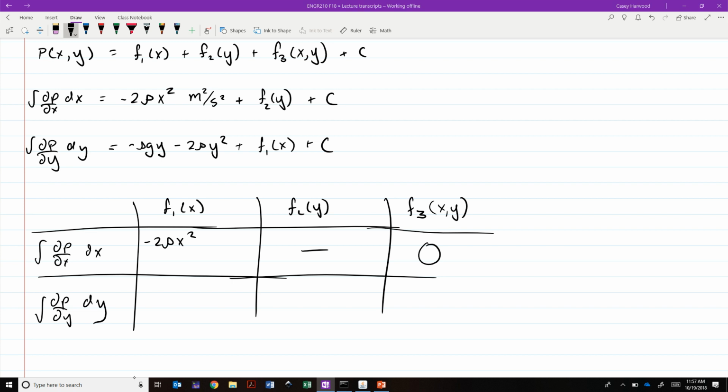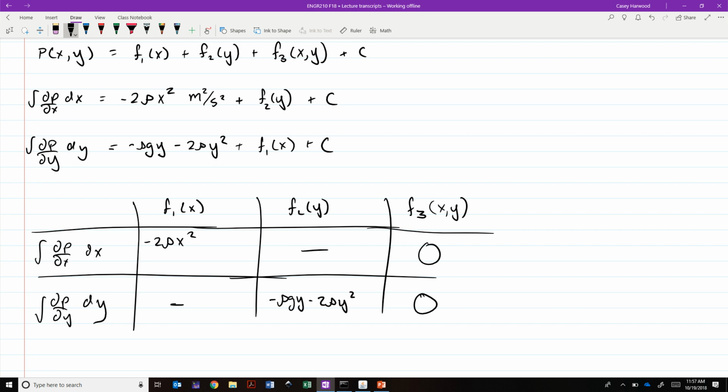Moving down, the integral on y, we have as a function of y, rho g y minus 2 rho y squared. We don't know what our function of x is. And again, there's nothing here with an x and a y both present.